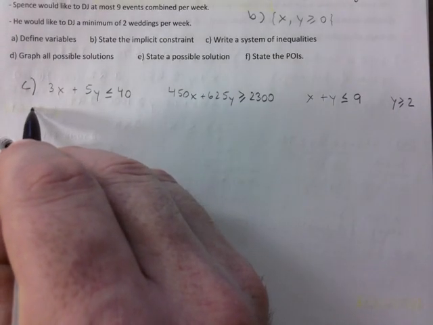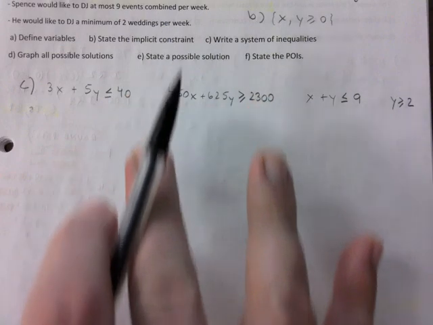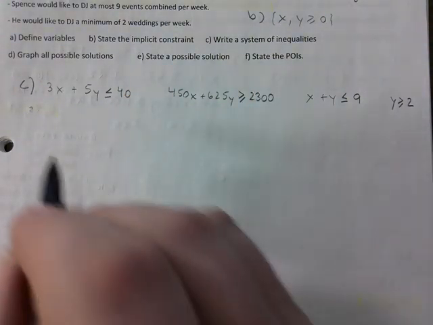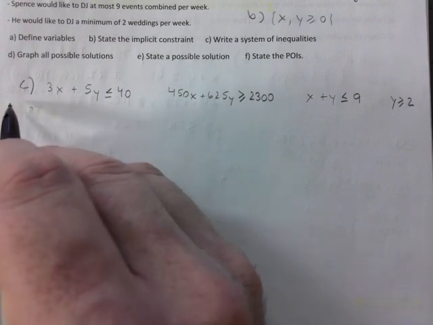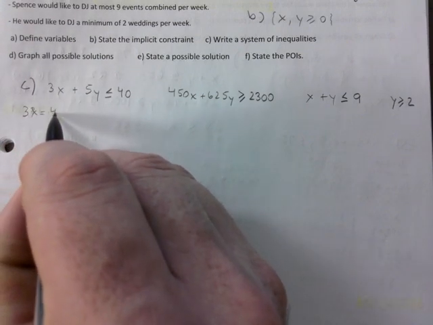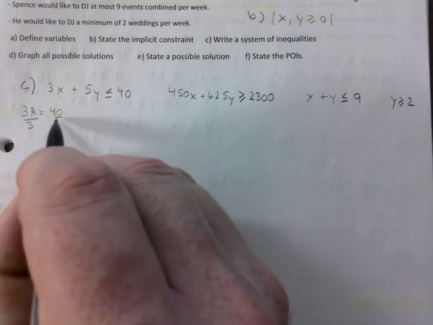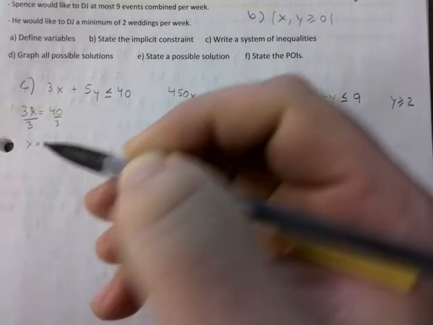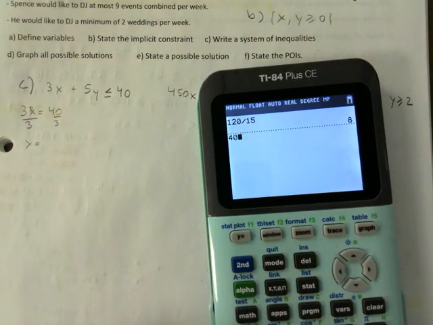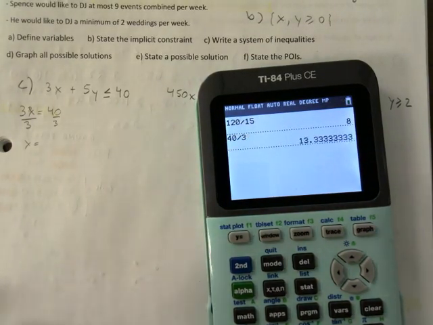Be cautious with the space you have, because we need to get the graph and all of that on here. So I'll go as much left as possible. So 3x is equal to 40. Divide both sides by 3. I don't have the key in front of me right now, so I'm freestyling here.